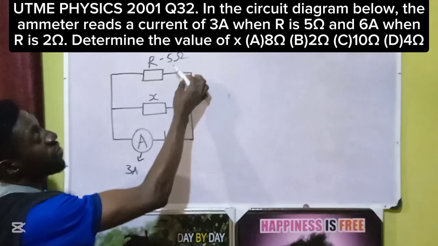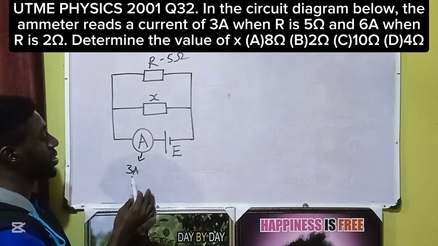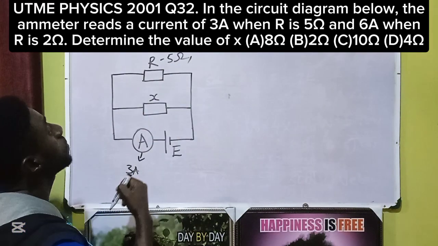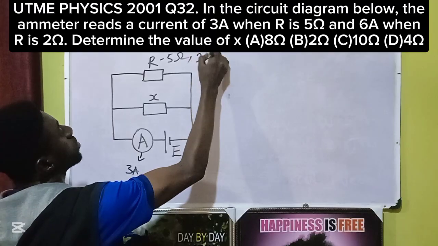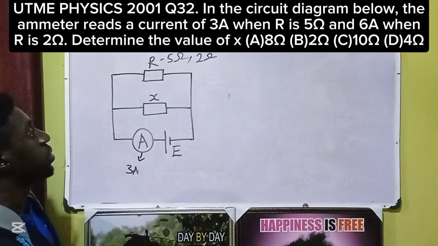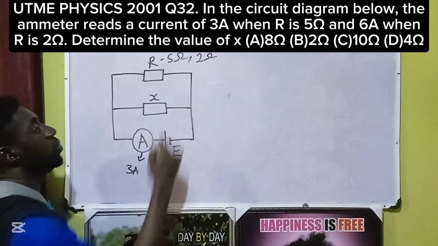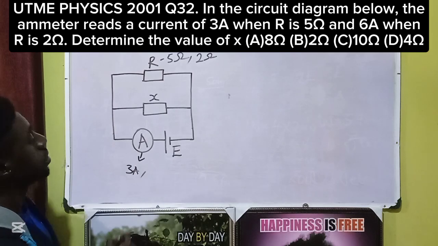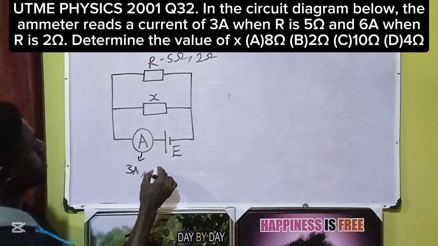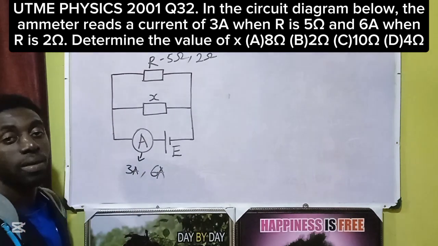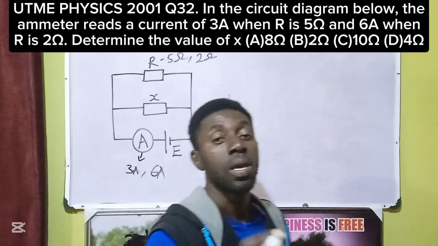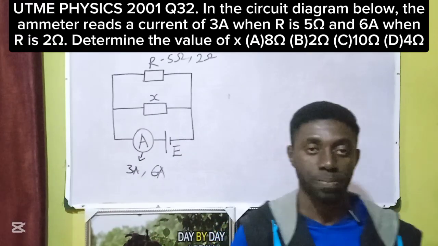Anytime we have a 5 ohms resistor, our ammeter will read 3 amps. Then if we have a 2 ohms resistance, our ammeter will read 6 amperes.